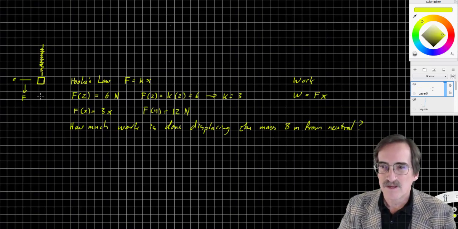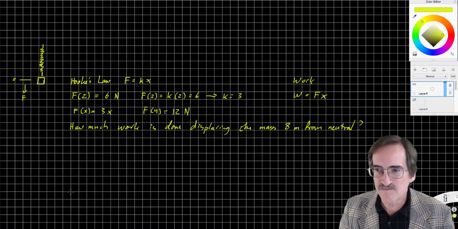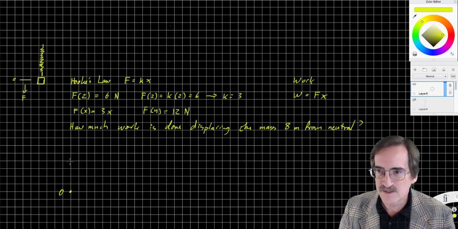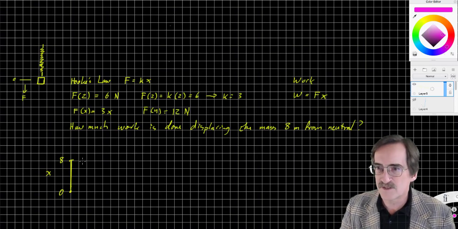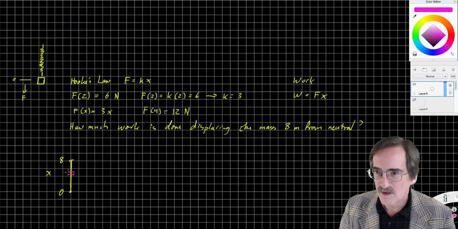Okay. So let's kind of make a chart here of displacement. Here's 0, and here is 2, 4, 6, 8 meters. This is our x-axis here, and we're displacing 8 meters. Let's look at just a little thin slice, where the width is delta x.